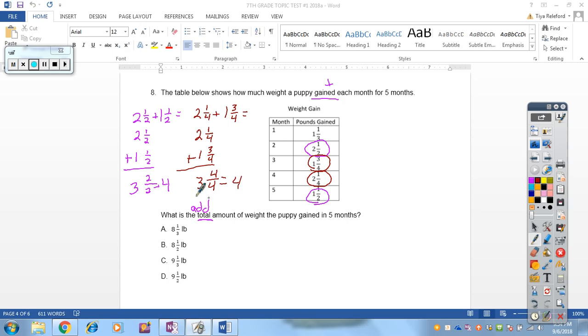So I have 4. So I have 4 and 4. And my last fraction is 1 and 1/3 all by itself. So I'm going to add 4 plus 4 and get 8. And then I'm going to add 8 plus 1 and 1/3.